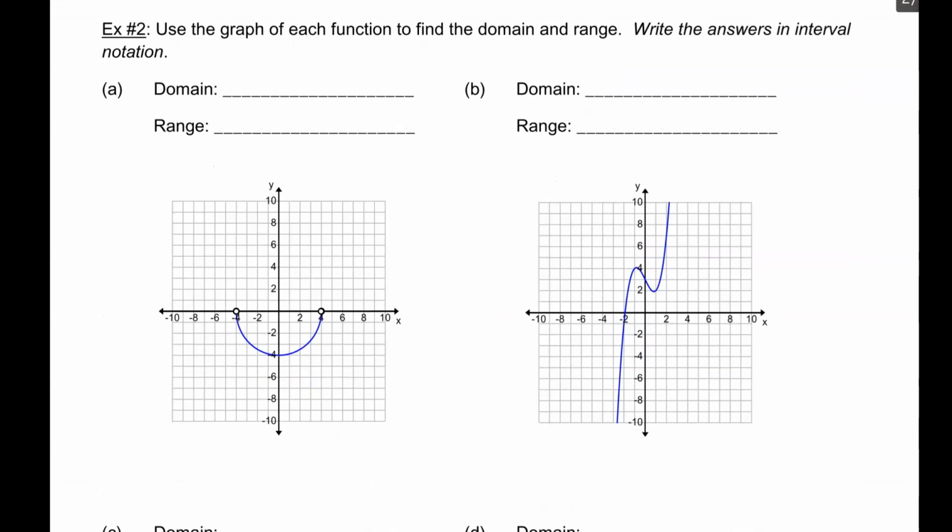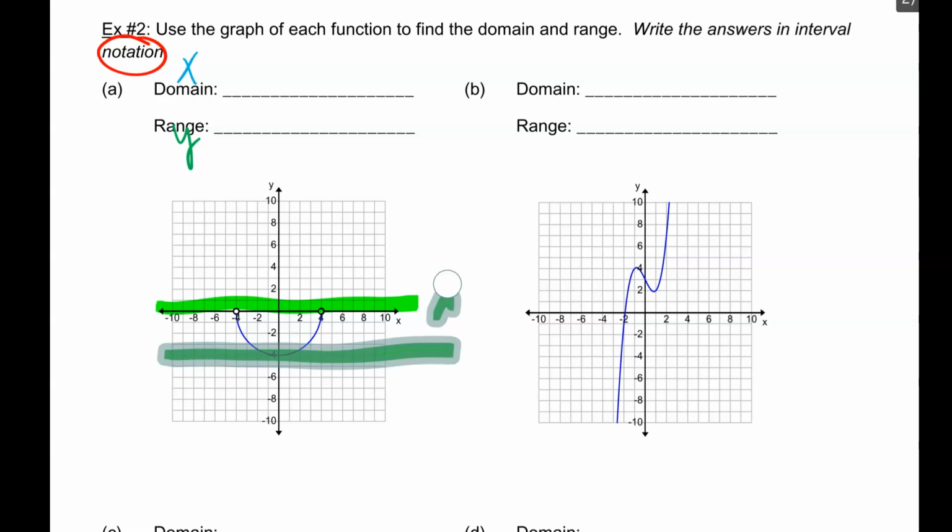Alright, let's use the graph to find the domain and range and write the answers in interval notation. So remember, domain is the x, range is the y. Let me change the color. So domain is going to be blue and range will be green. So range is the y value. It looks like the lowest value we have is -4 and the highest value is 0.